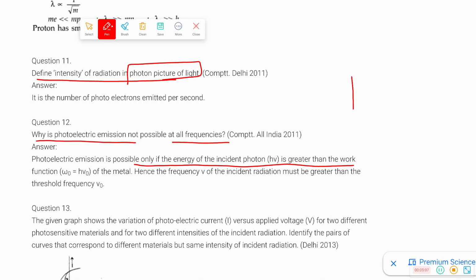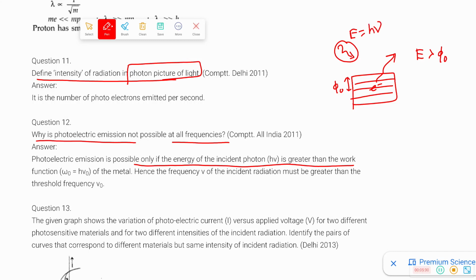Okay, suppose here a metal is there, and suppose energy levels are there, and one electron is sitting here. Now this is suppose the work function phi naught. Now here a photon is coming, photon energy is E. So when E is greater than phi naught, then only this electron will come out. Yes or no? This E is nothing but h nu, the incident photon energy.